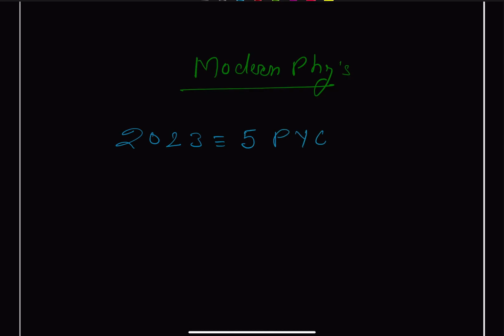Hello friends. So today we are going to solve the questions from modern physics. These questions are from the year 2023, and the total number of questions we are going to try to solve is 5.